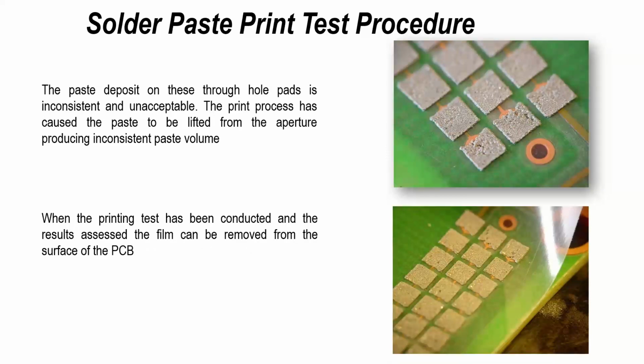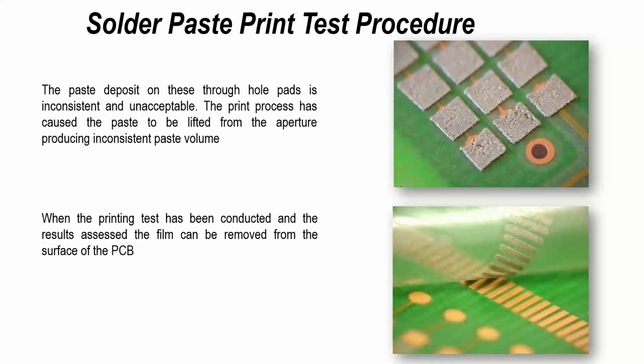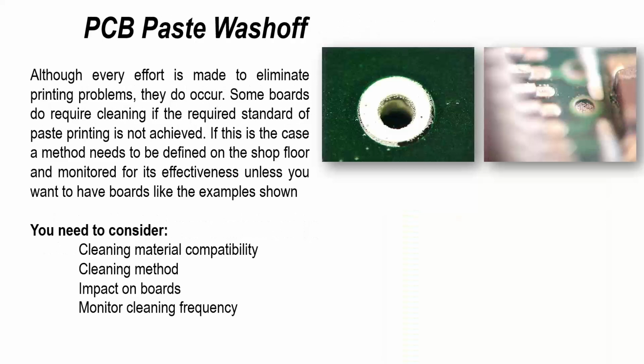And if you get incomplete prints, as you see in this example, on a through-hole soldering application where the solder paste hasn't covered the complete pad, then again, if it doesn't meet your criteria, then you're going to set up and make a change to your process. And after you've finished assessing the results, you peel off the film, and then the board can actually run in production. So you've got two ways of assessing the quality and consistency of the printing process.